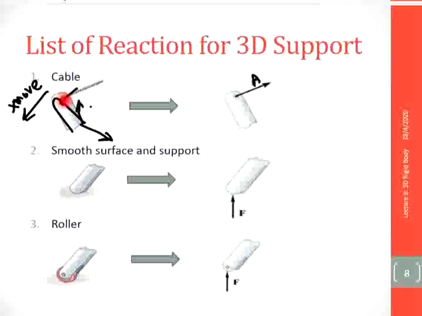And for the smooth surface support, this structure on the smooth surface can move, for example, in the horizontal and vertical directions, so no reactions there.